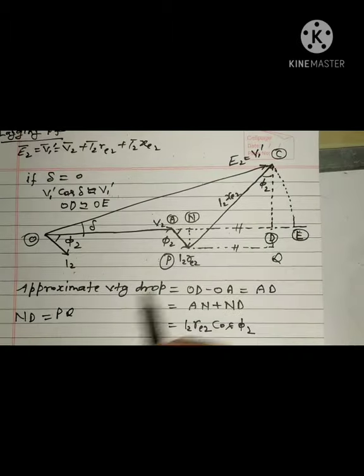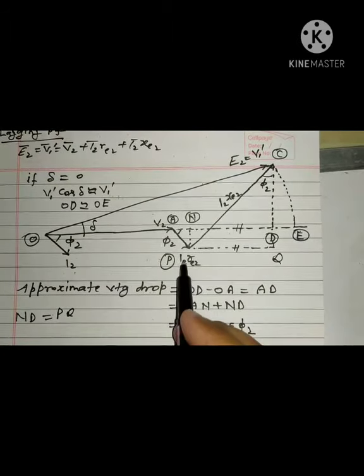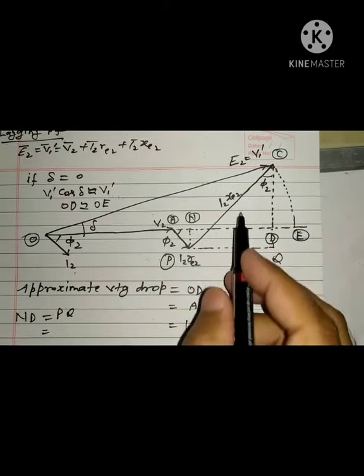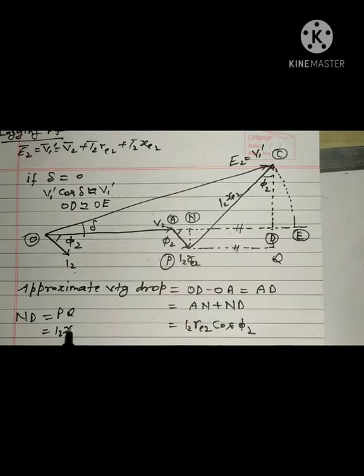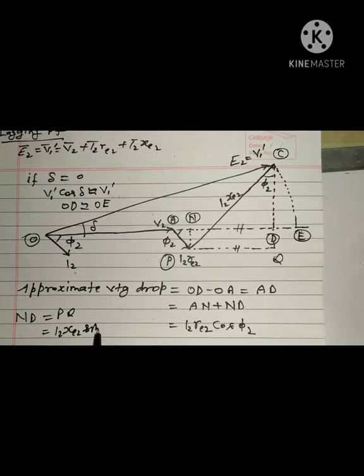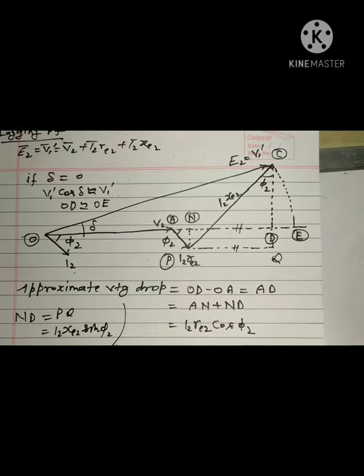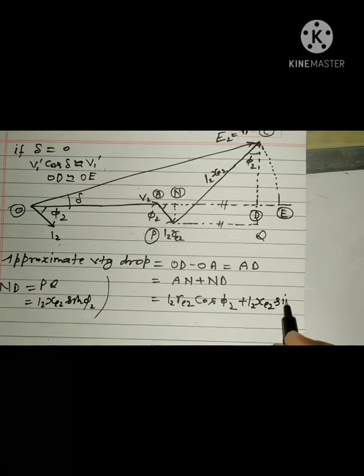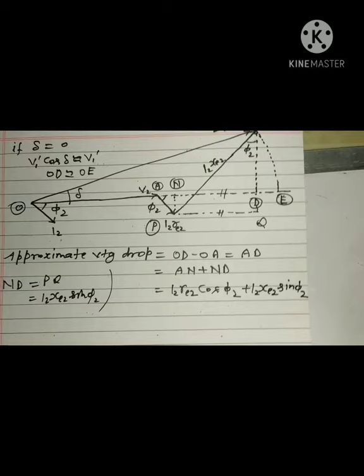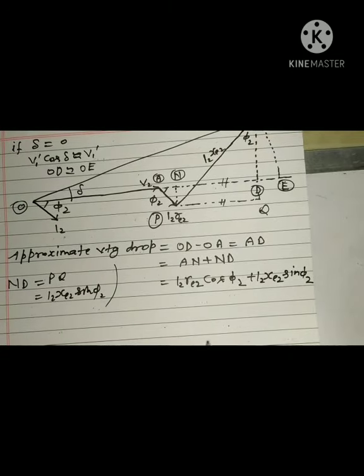By this right angle triangle, PQ will be I2 XE2 sin phi 2. So we got the approximate drop, right?